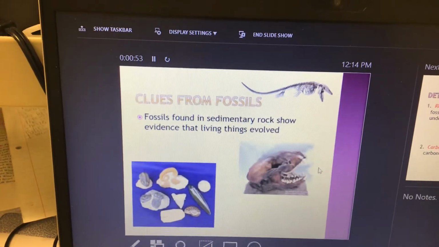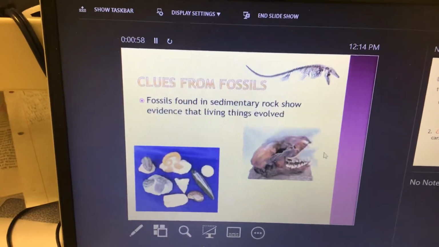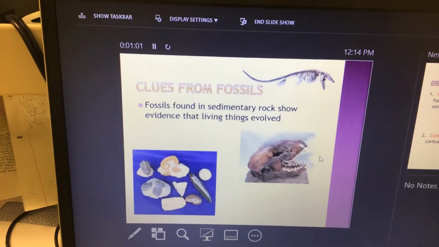We can look at fossils and see changes in them over time to conclude that animals have changed over time.